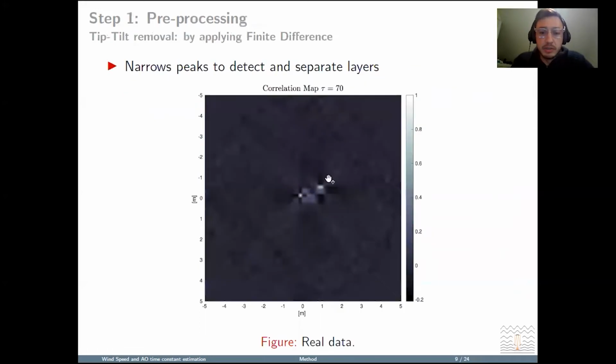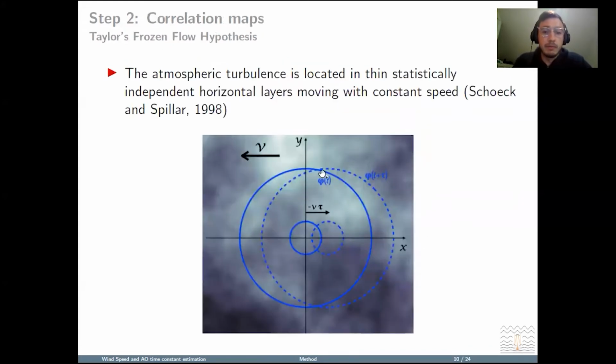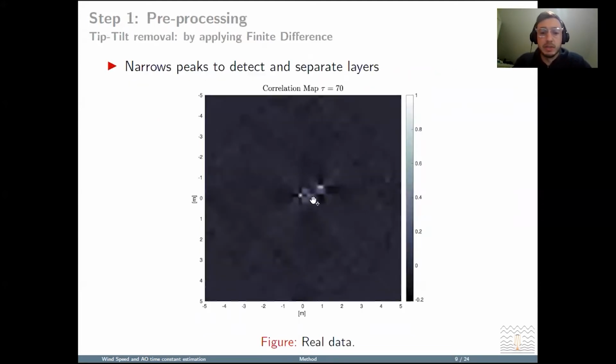This can be seen in the figure before, where this peak is at a given position and computed at a given time, which is 70 milliseconds. So with this information, we can know the velocity of this peak, which is the velocity of the layer. Also, the height of the peak gives us the weight. So if we have more layers, we are going to have more peaks in here.